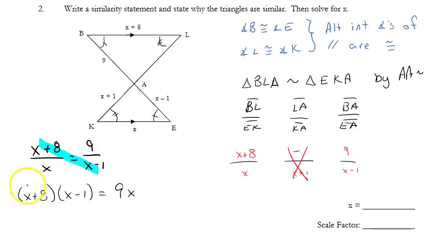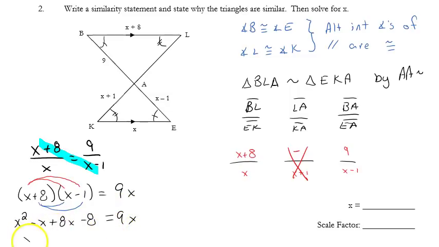This is that 4-letter F word. First, outside really is just distributive property. I'm distributing x. X times x is x squared. X times minus 1 is minus x. Distribute the 8. It's plus 8x minus 8 equals 9x.